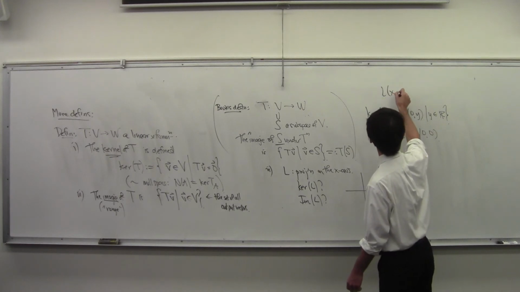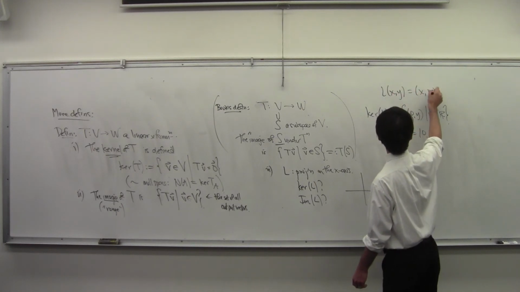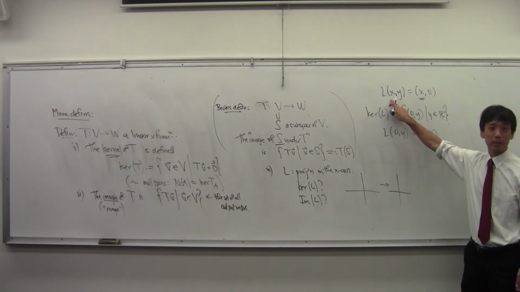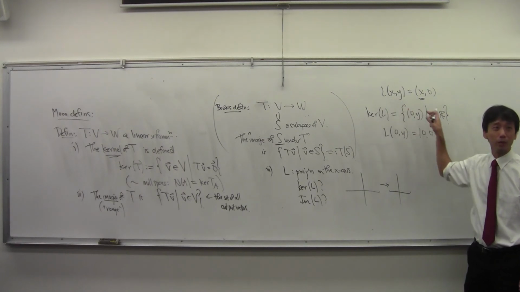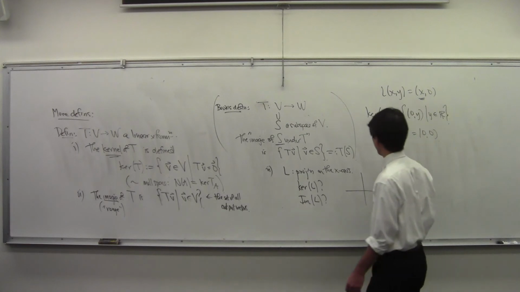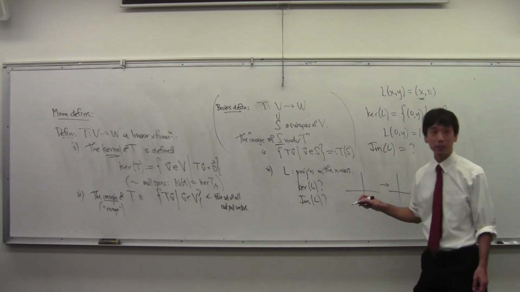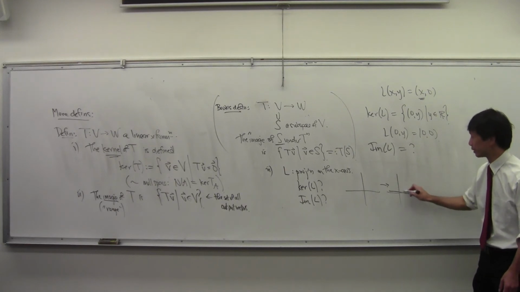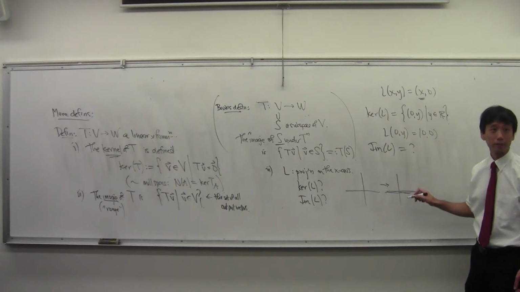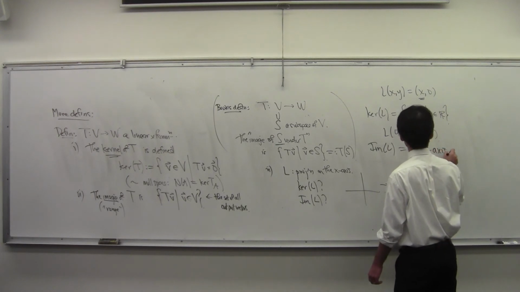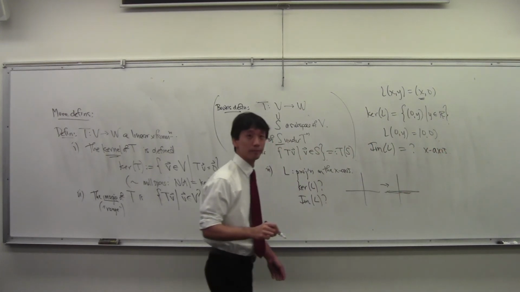L of (x, y) is (x, 0), so you know that x has to be 0. So you're on the y-axis. What's the image of L? Well, that's easy, it's just the x-axis. So the image is the x-axis. The kernel is the y-axis.